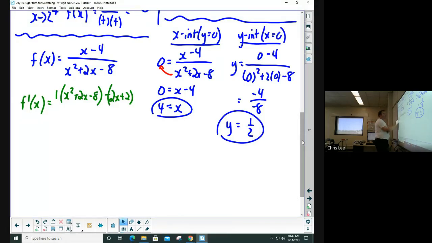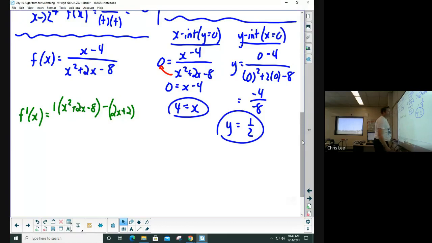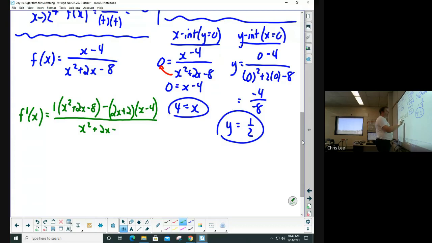Just running out of room here, so I'm just going to move it down. So that's the derivative of the bottom times the top, x minus 4, all over the bottom squared. And I don't care how nasty the bottom squared is, because in a moment I'm going to set it equal to 0.